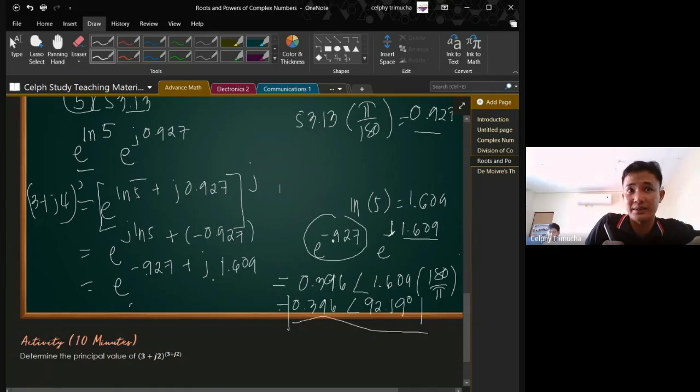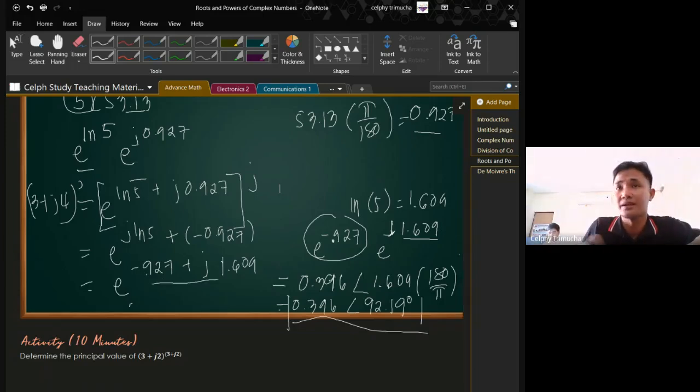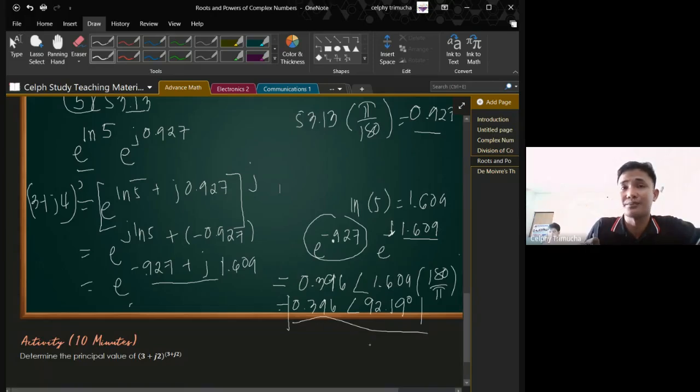But since we are tasked to express the answer in polar form, convert the exponential to polar form using the calculator: e to the 0.927, and the angle multiplied by 180 over pi. So we arrive at 0.396 angle 92.19 degrees.